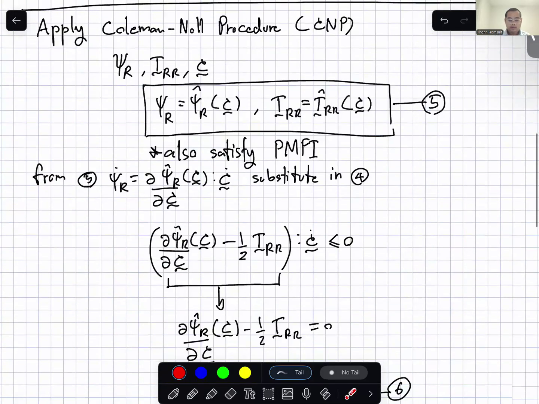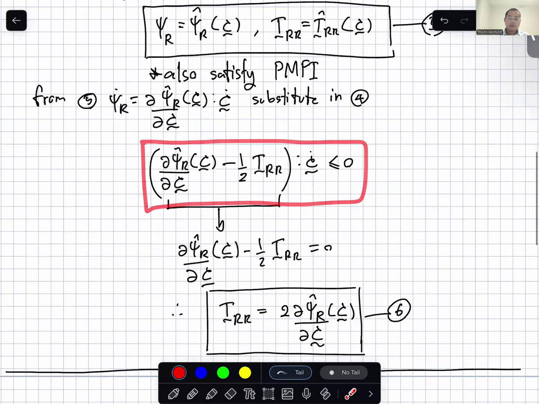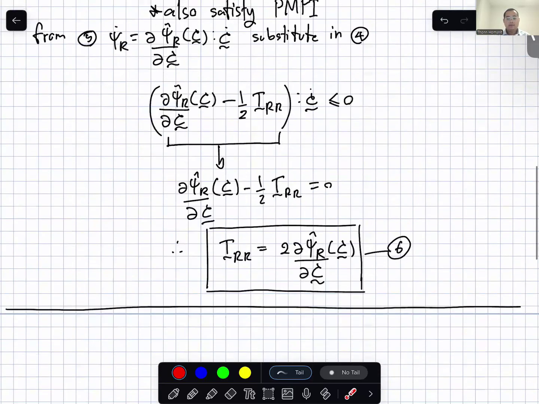So this equation has to satisfy the inequality. We can force C dot to be anything, because C dot is arbitrary. So the only way to satisfy this inequality is to make this one equal to 0.